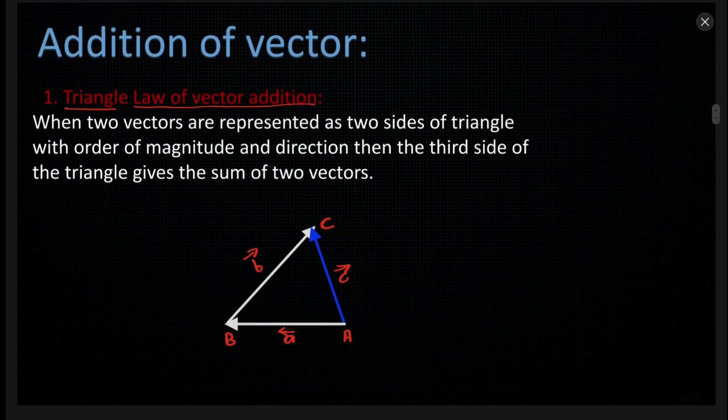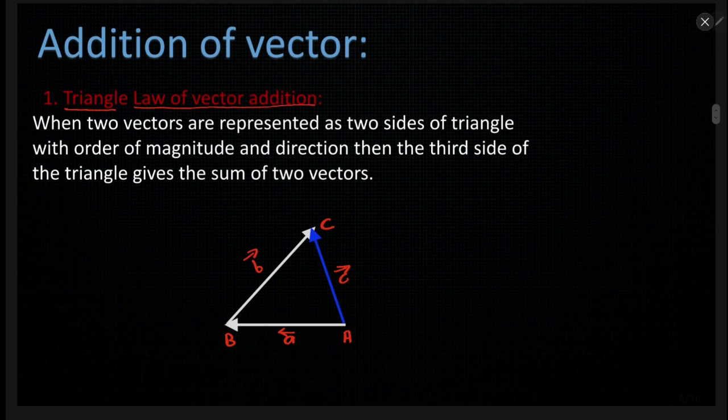Here, suppose I started to walk from point A. First I reached point B, and then again I started to walk from point B to point C. Then ultimately I will reach point C, which is equivalent to the distance AC.